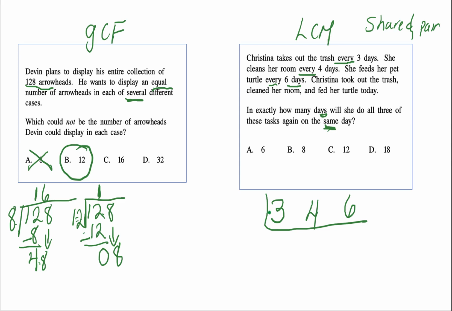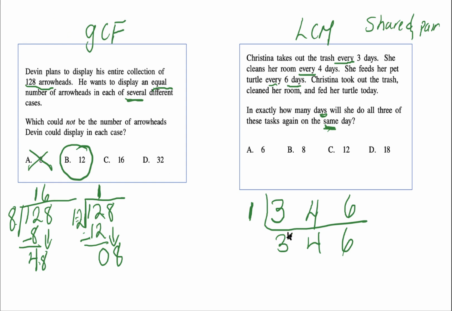Now the only number that will divide 3, 4, and 6 evenly is a 1. So if I divide that, I'm going to get 3, 4, and a 6. Can we pair any numbers here? Because again, the only number that can divide them is 1, and we'll be repeating ourselves over and over.